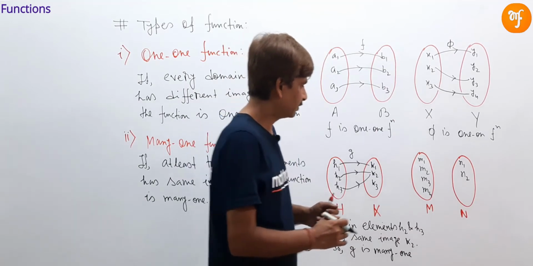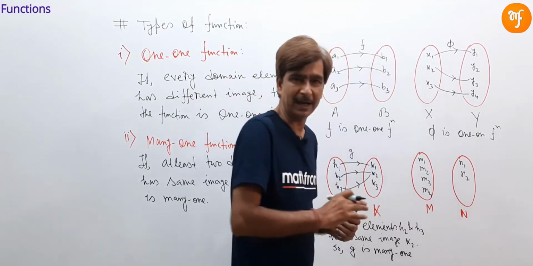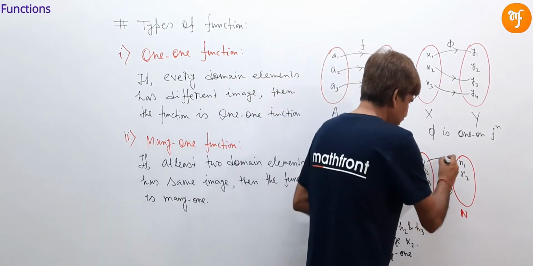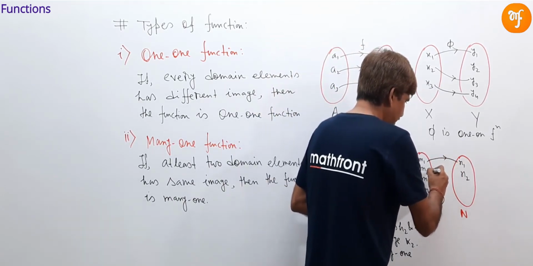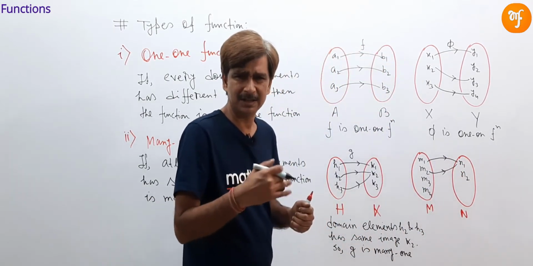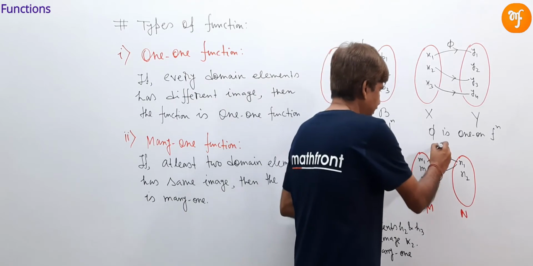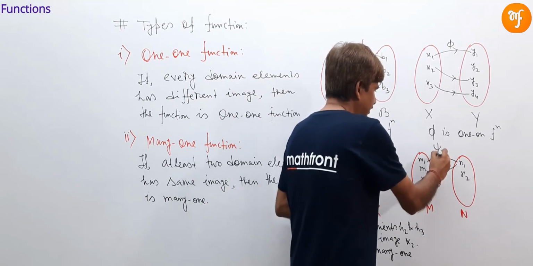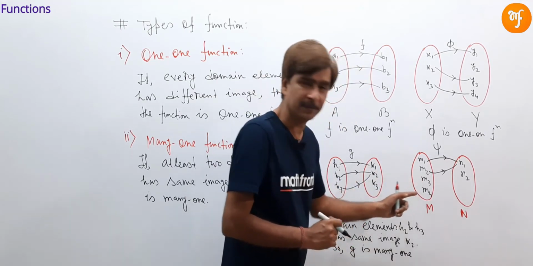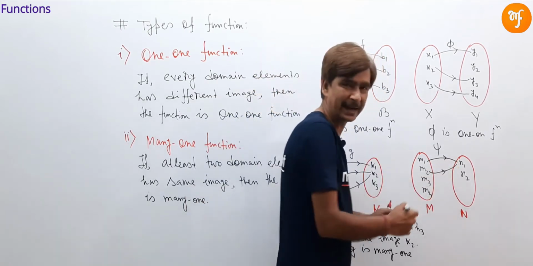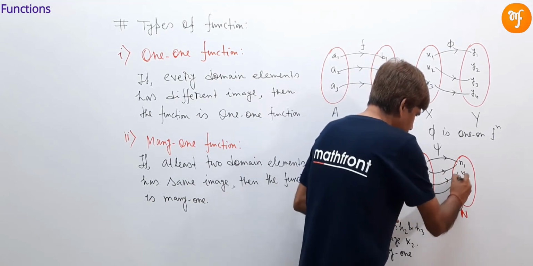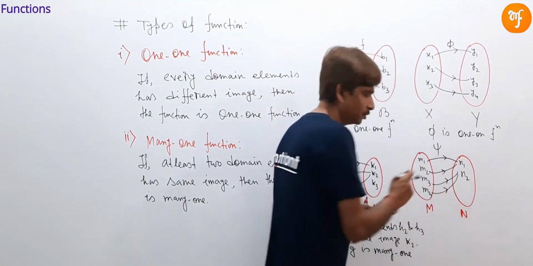Now if the domain elements M1 and M2 have the same image which is N1, that is M1 has image N1 and M2 has also image N1, and let the relation be psi, and the domain elements M3 and M4 have also the same image which is N2.